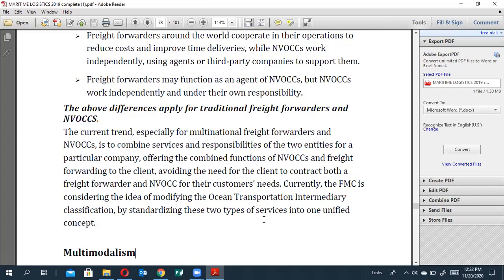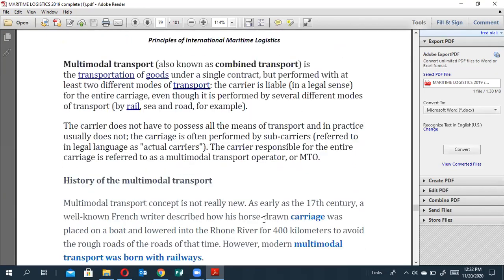So those responsibilities of the NVOCC and those of the freight forwarder are put together, offering the combined functions and avoiding the need for the client to contract both a freight forwarder and an NVOCC. Currently, the FMC is considering modifying the ocean transportation intermediary classification by standardizing these two types of services into a unified concept.